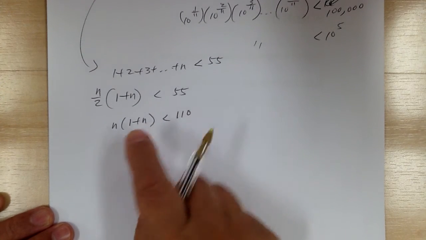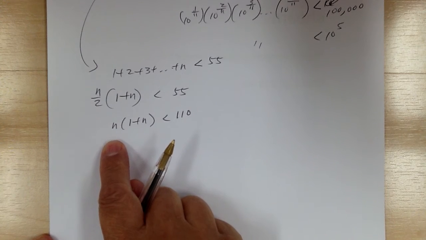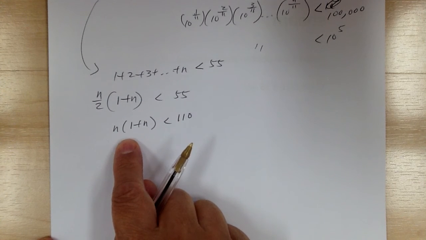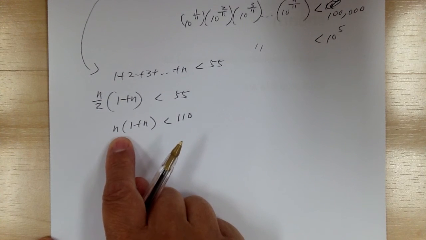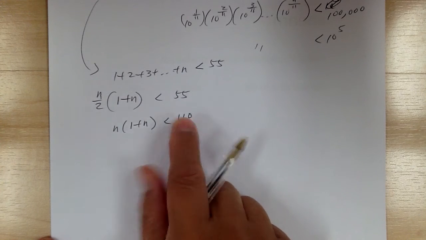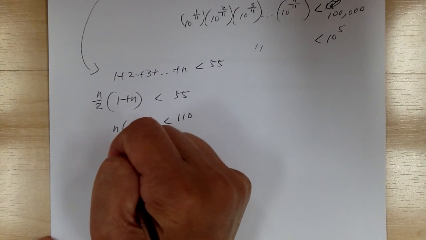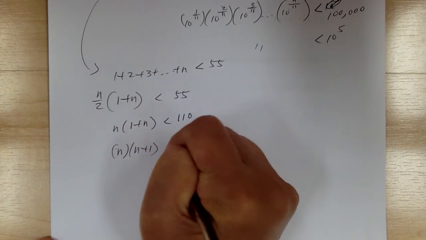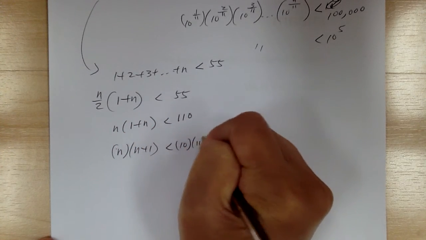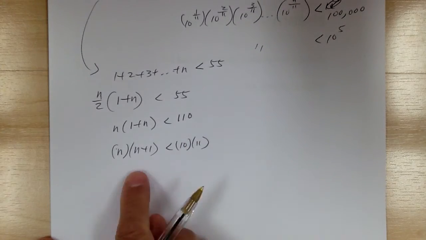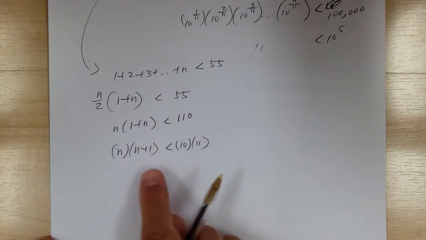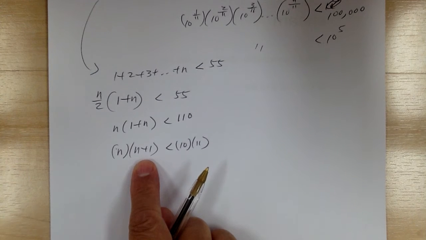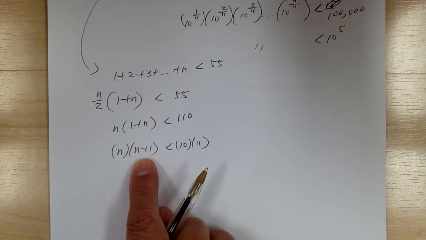And so instead of trying to use quadratic, you can see that these are two consecutive numbers, so by matching, you can see n equal to 10. Okay, let's see.